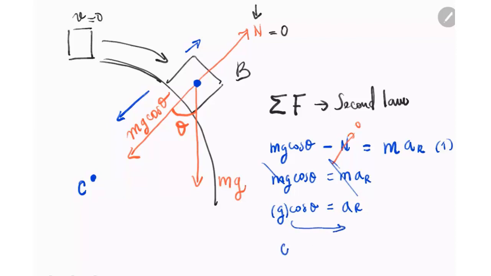We get cosine of theta is equal to the radial acceleration divided by the gravity. Let's call this equation number 2, and we have called the previous one equation number 1.